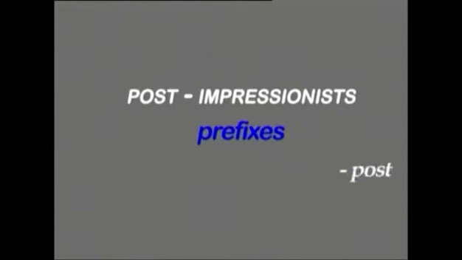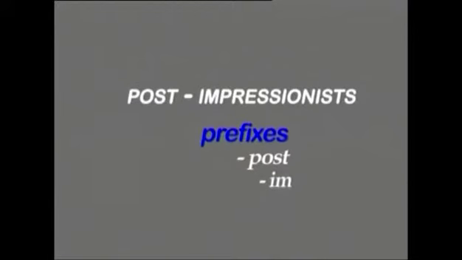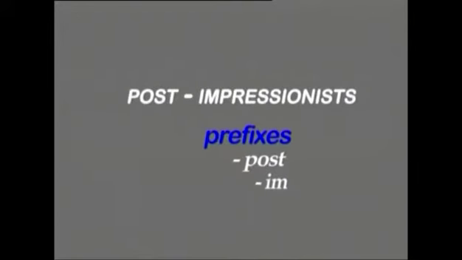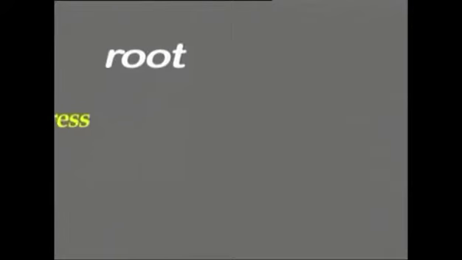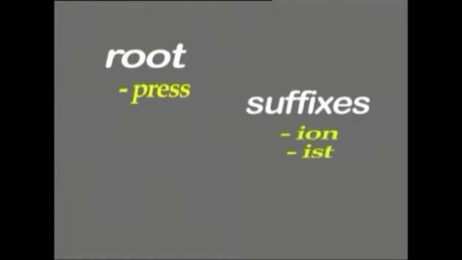The prefixes post and im, the root press, the noun forming suffixes ion, ist, and the grammatical suffix of plurality s. The internal structure of the word or its meaning is a word's semantic structure. It is a word's main aspect.